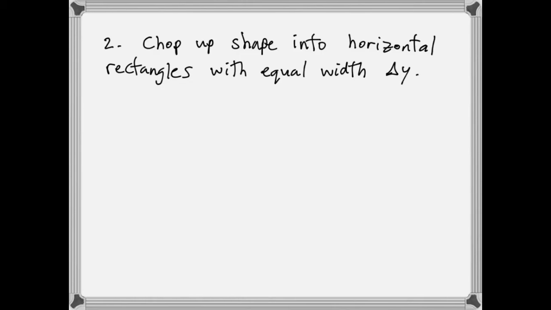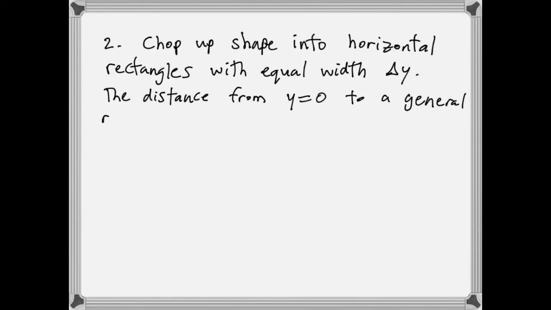Now, something that you should note is the distance from y equals 0 to a general rectangle is y. We're always going to illustrate our general rectangle when we do the problem, and the distance will always be y from your y equals 0. Okay, so that is step 2.